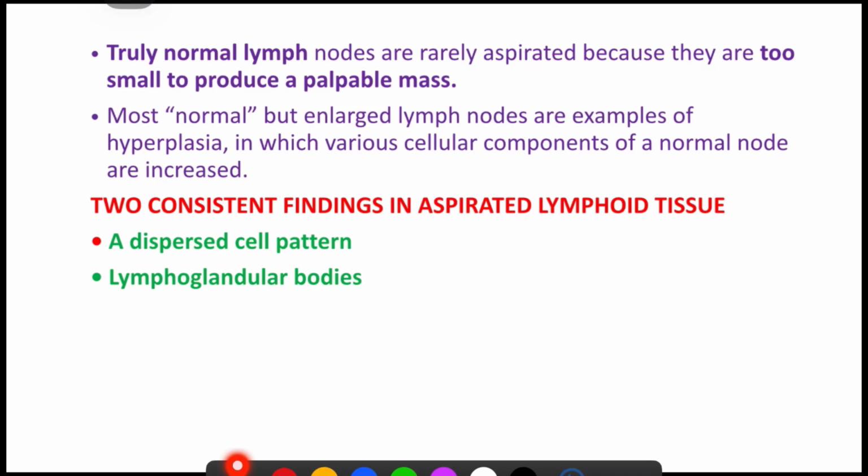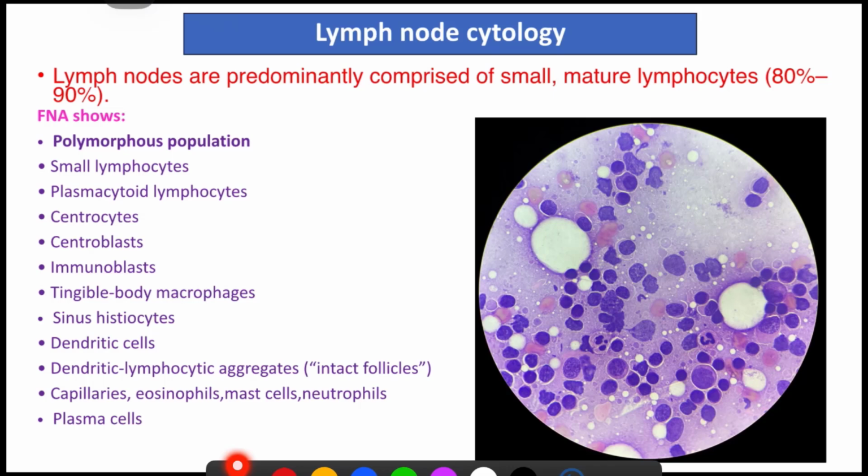So, most normal but enlarged lymph nodes are of hyperplasia, in which various cellular components of a normal node are increased. So, when we aspirate lymphoid tissue, two consistent findings are there. One is a dispersed cell pattern and second is lymphoglandular bodies.